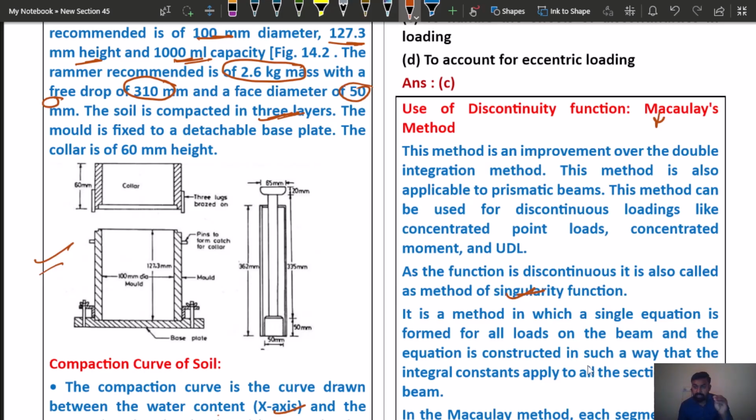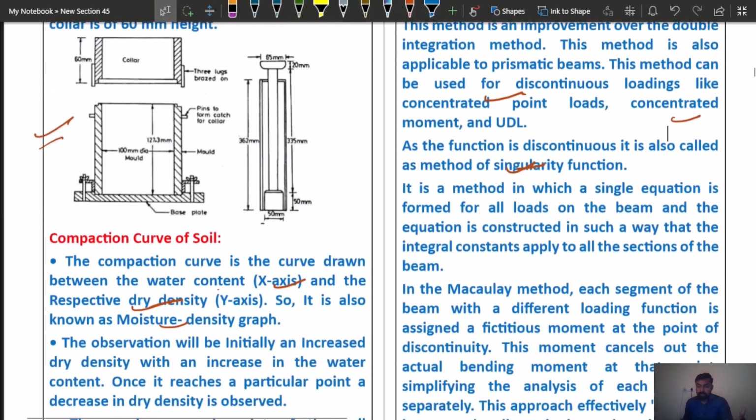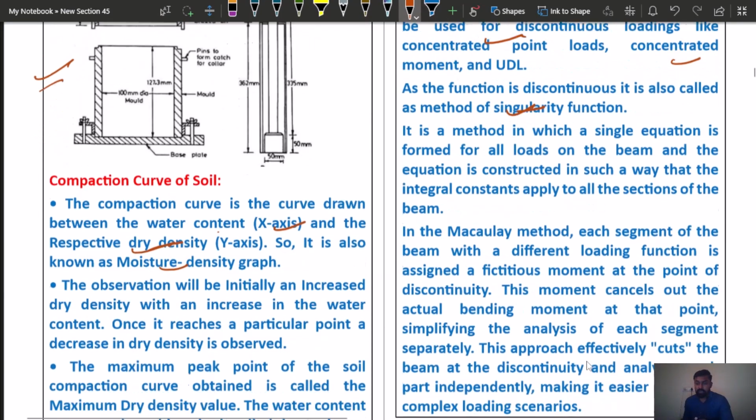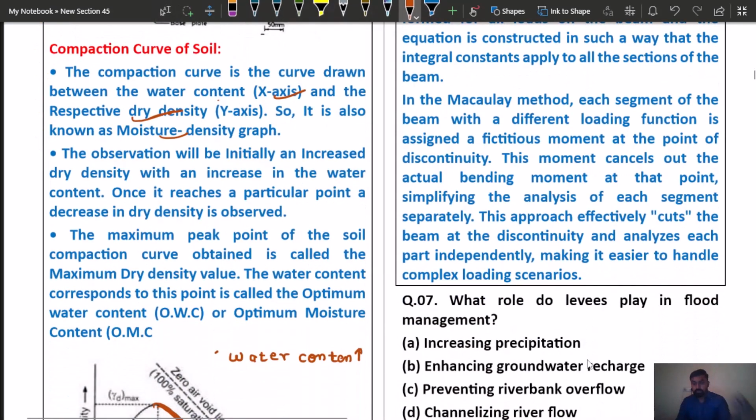This method can be used for discontinuous loading like concentrated loads, concentrated moments, and UDL. In this method, we cut the section at the discontinuities, where there are discontinuities in the beam, and analyze each part independently.